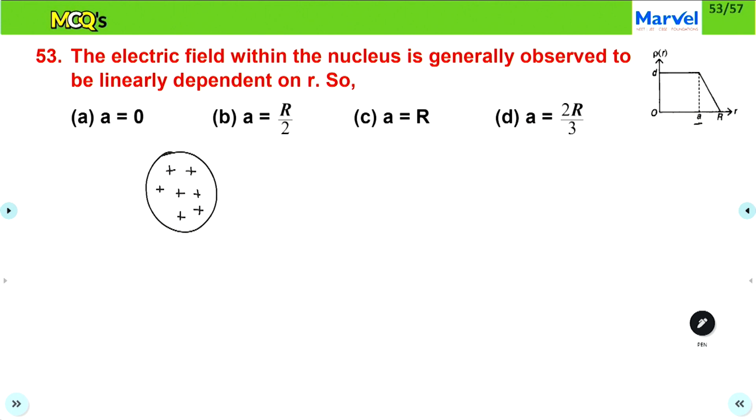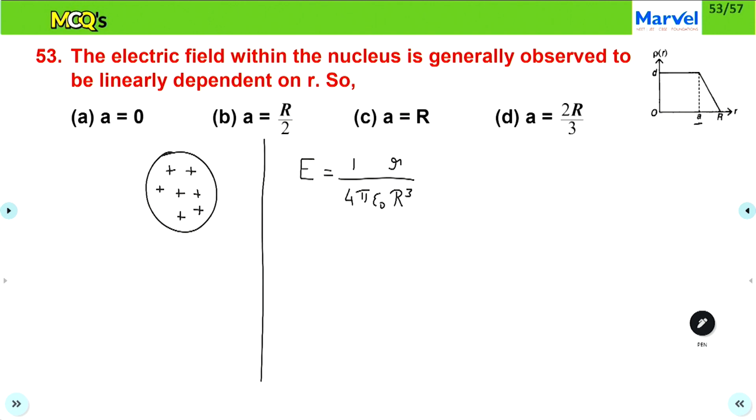So, what is the electric field due to that? If I apply Gauss law for this, the electric field which I will be getting is 1 by 4 pi epsilon naught into Q by r cube of r. This is what I get.